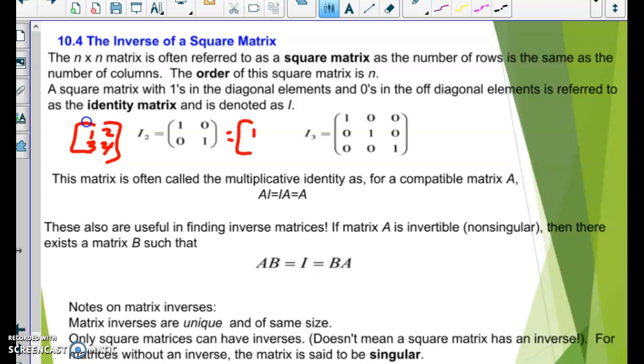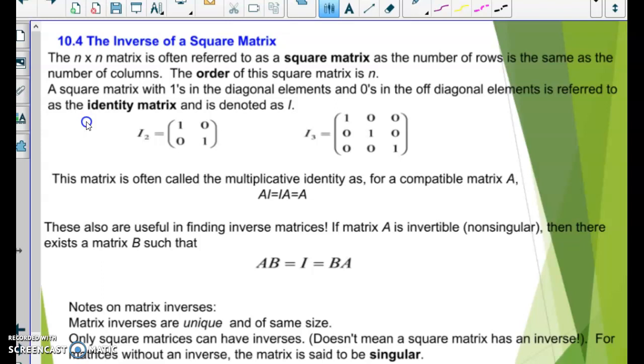The first row times the second column, I get 2. Second row times first column, I get 3, and same with 4. The reason they call it an identity matrix, just like the multiplicative identity is 1, the identity matrix gives you back what you multiplied, what you started with.